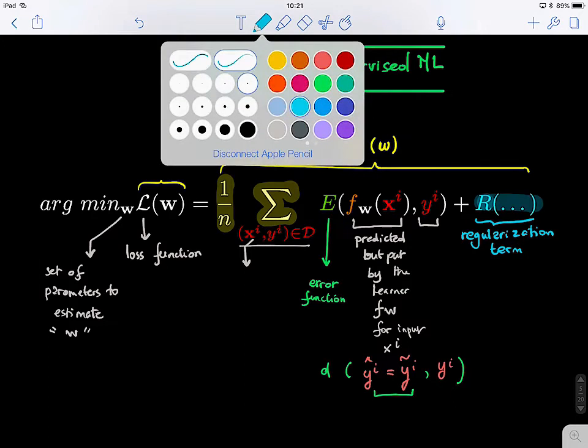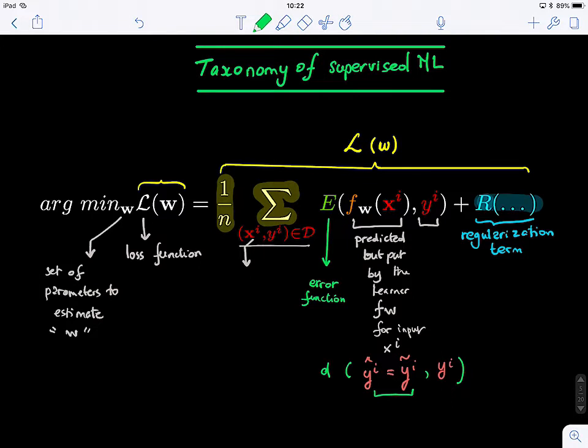And the first one has a name too. We generally call it the fidelity to data term: how truthful or close our prediction is to the real ground truth data, how well it fits our observations.